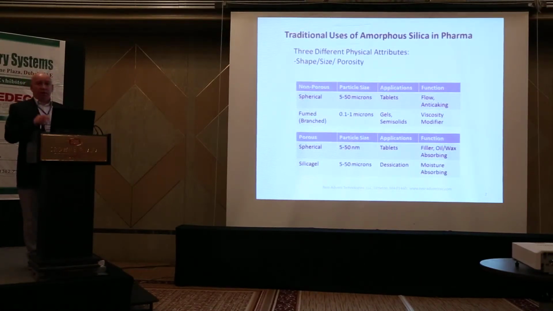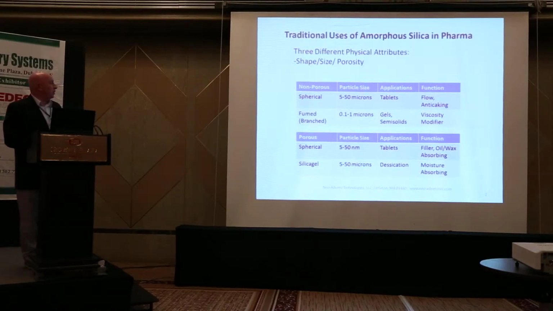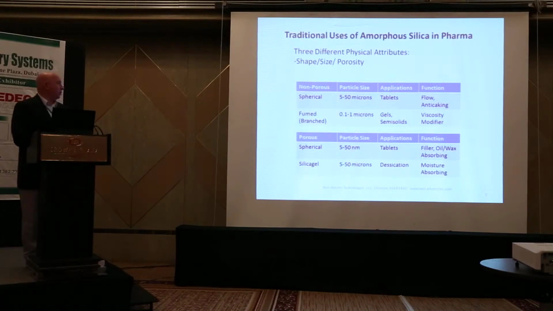So you can have spherical particles, branched particles, smaller, bigger, and also porous particles and non-porous particles. As drug formulators, we're typically dealing with two, spherical and non-spherical. Fumed silica, you're familiar with, we use it for gels and semi-solids. And spherical silica, we often use it for solid dose formulations.